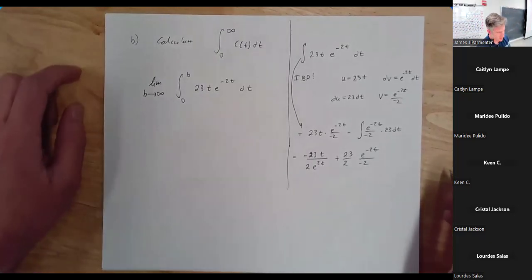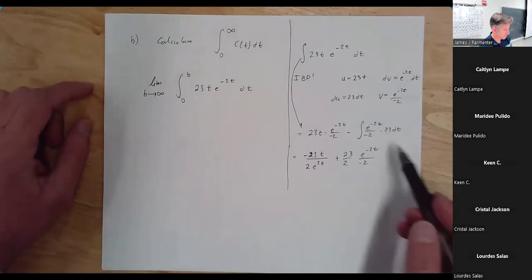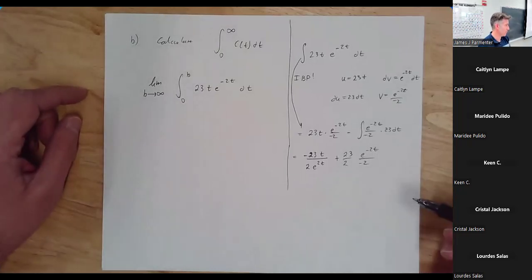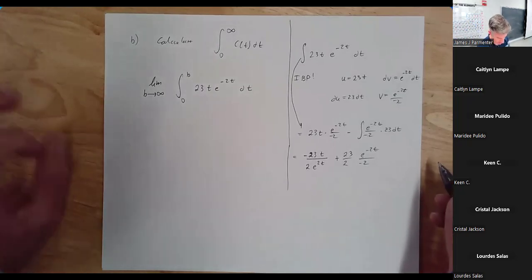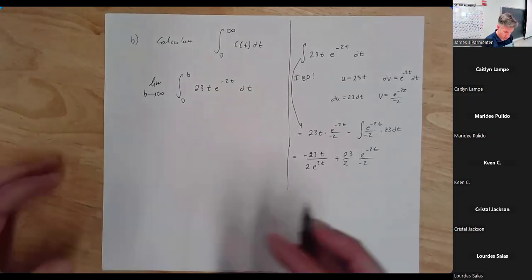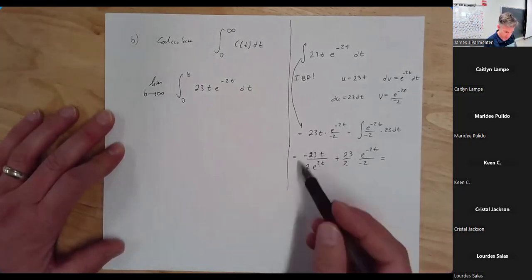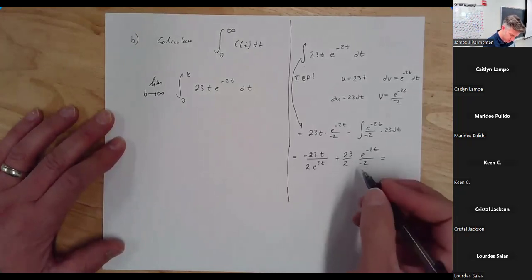And the way to make this actually the easiest is to factor out the e to the negative 2t or the 1 over e to the 2t from the, well, actually, no, let me backtrack that immediately. The way to make this the easiest is to kind of write this as one fraction. So I'm going to write this as, yeah, I kind of shot myself in the foot by doing that first. Oh, well, sometimes you make mistakes.